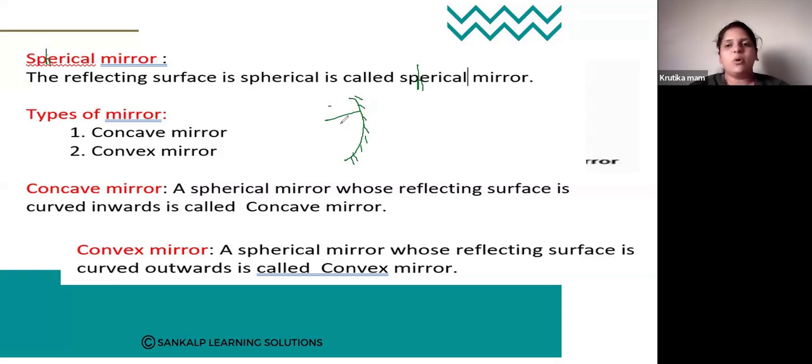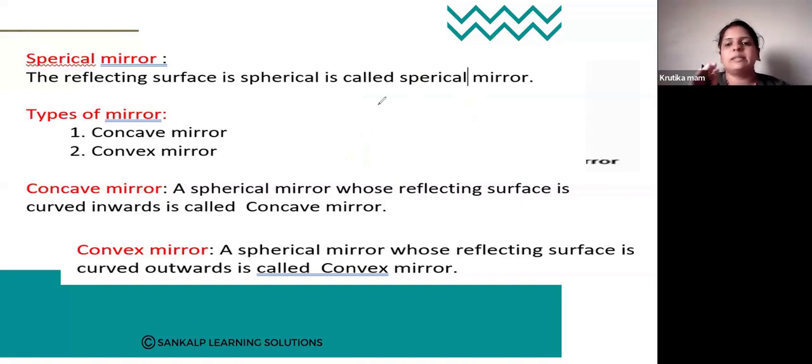So what do you mean by the convex mirror? A spherical mirror whose reflecting surface is curved outward. These types of mirrors are called what? Convex mirrors. So we have two types of mirrors here, students. Whose reflecting surface is curved inward is called the concave mirror.